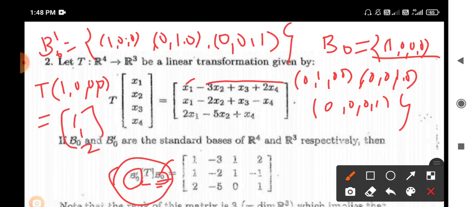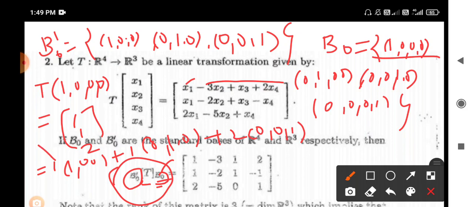Now 1 1 2 can be written as a linear combination of B naught dash. So 1 1 2 can be written as 1 into 1 0 0 plus 1 into 0 1 0 plus 2 into 0 0 1. So the coefficients are 1 1 2. This can be written column-wise as 1 1 2.